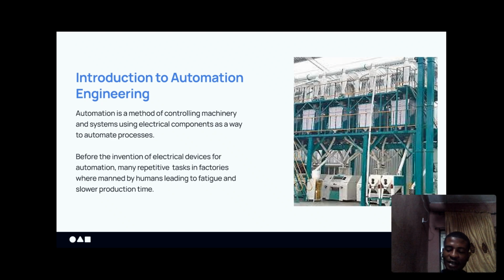It increased the accuracy of those tasks. It also improved the efficiency of those tasks because humans, as we know, are prone to error most times. But with machines and automation, you can have precise movement, precise cutting, everything can be precision based, compared to where you have a lot of human intervention.